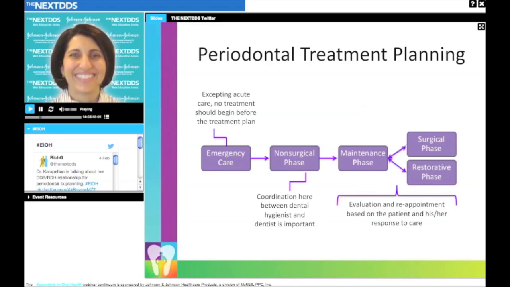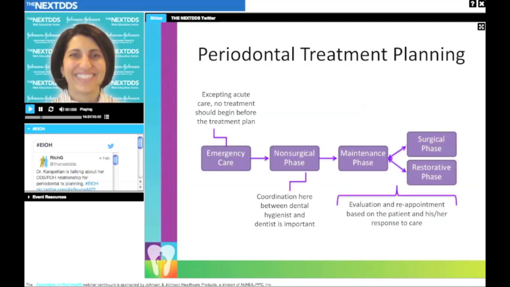And the treatment planning process may begin with a non-surgical phase. The non-surgical phase is where we actually begin to treat any active disease, whether it be periapical pathology, active caries, or periodontal disease. The non-surgical phase can be done either by your hygienist under your guidance, or by the doctor themselves.